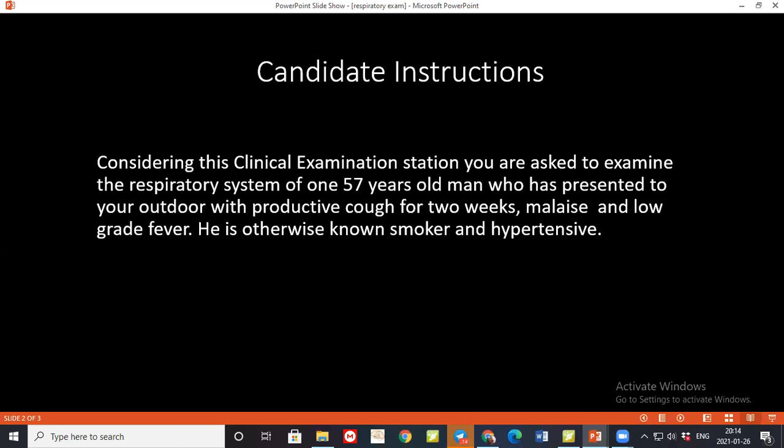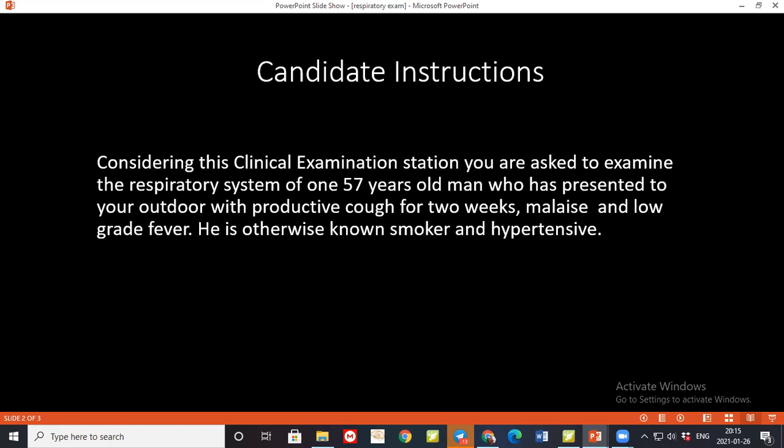Okay, today I have examined a 57-year-old man who is a chronic smoker. On examination, the patient has presence of central cyanosis. He has a barrel-shaped chest, and the expansion of the chest is equal on both sides. Bilaterally, there is hyperresonance, and also the air entry is bilaterally equal.